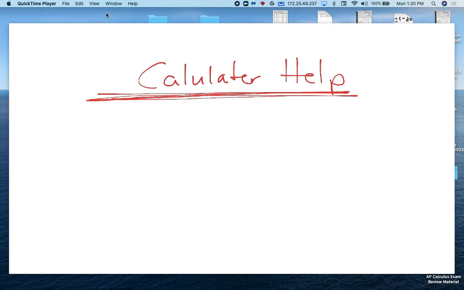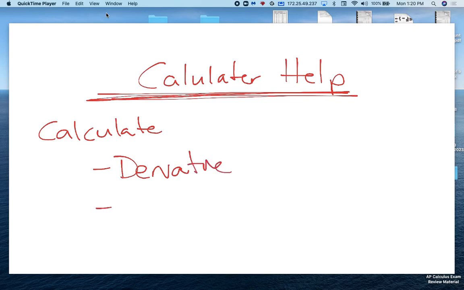But you're going to need to know how to use the TI Nspire on the AP exam. So some of the things that you need to know how to do is if you're going to calculate things like a derivative or an integral.